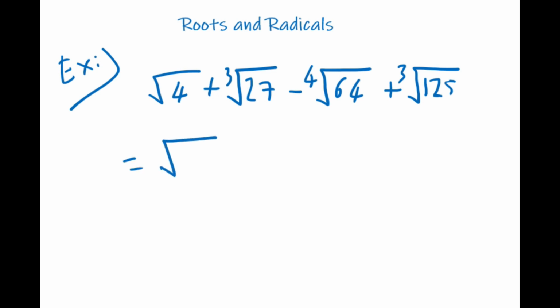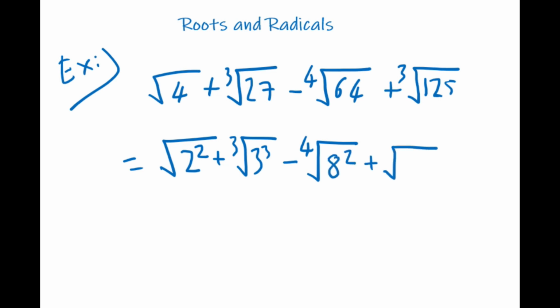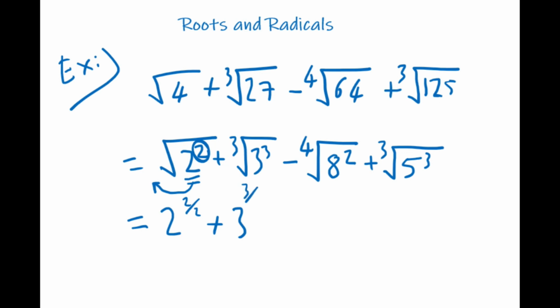The square root of 4 can be written as, 4 is equal to 2 to the power of 2, plus the third root of 27, 27 is 3 to the power of 3, minus the fourth root of 8 square, plus 125 is the third root of 5 cubed. This power comes out, or we can just write 2 to the power of 2 divided by 2 plus 3 to the power of 3 divided by 3.